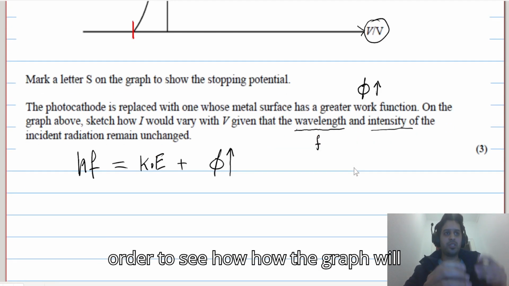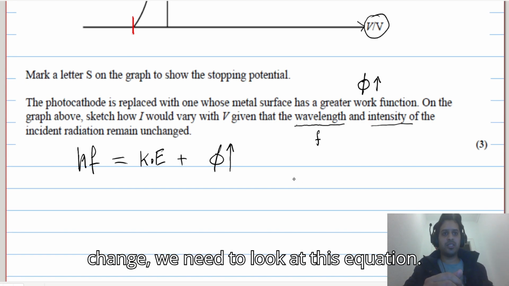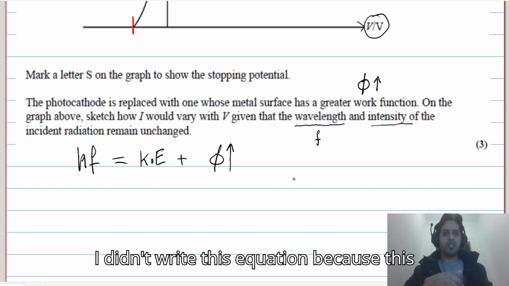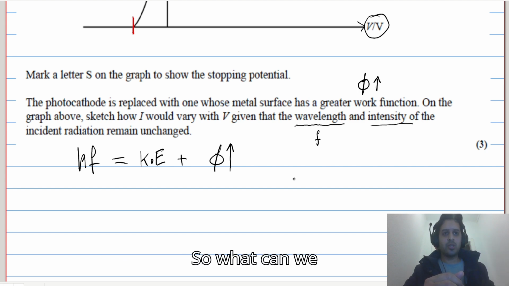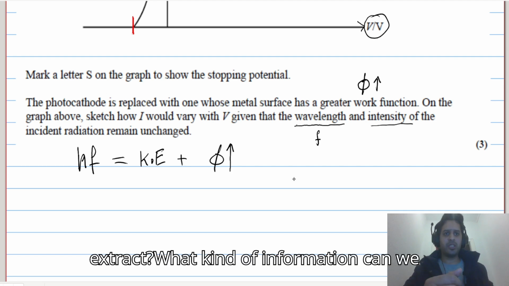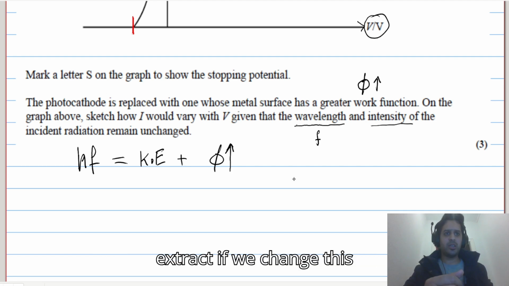And in order to see how the graph will change, we need to look at this equation. I didn't write this equation because this equation represents this graph. So what kind of information can we extract if we change this work function?